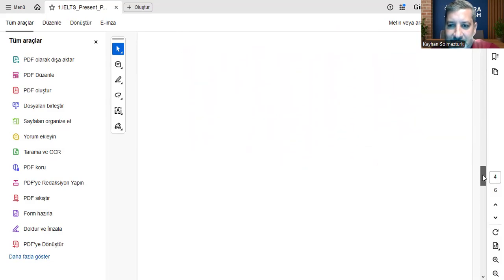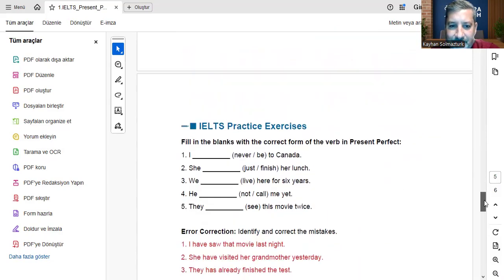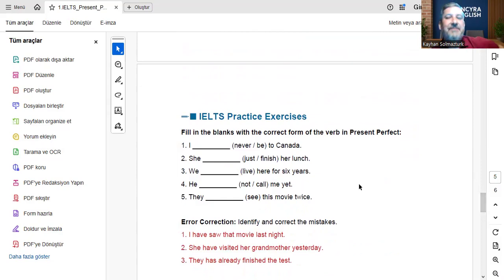Okay, let's move down and do some exercises. Look, fill in the blanks with the correct form of the verb in present perfect. You can also see it in the instructions to the exercises.